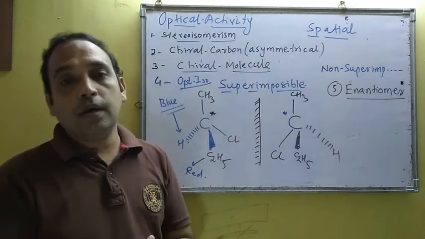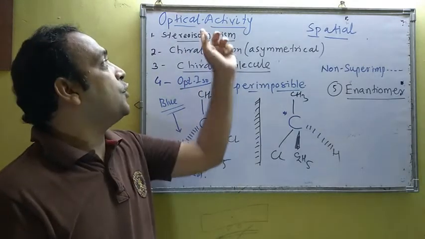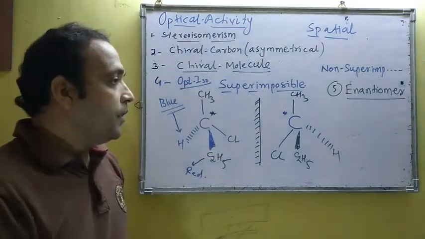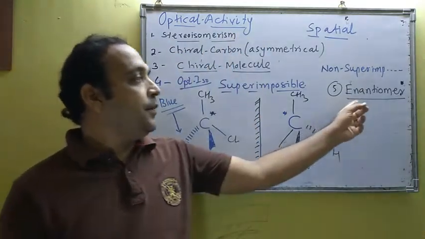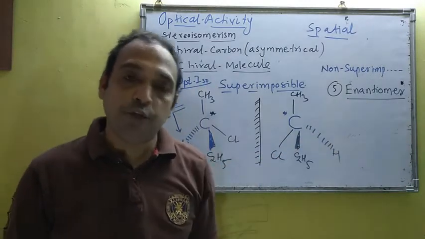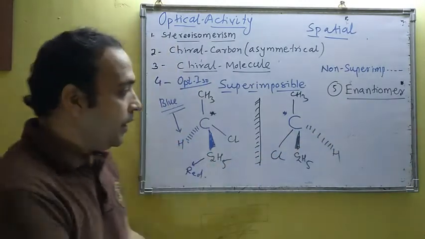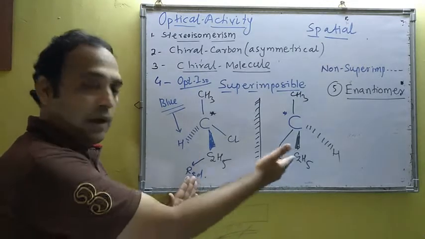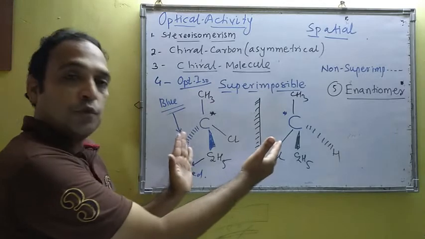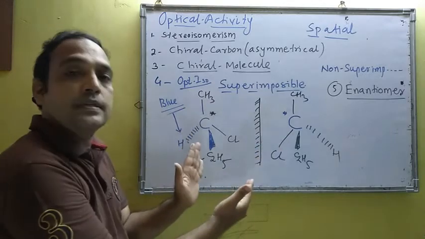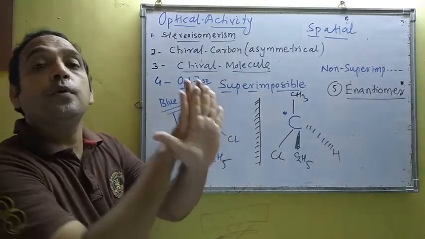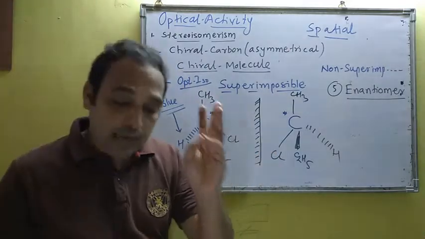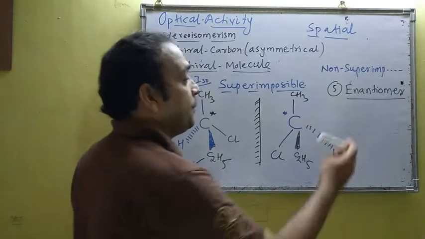Now we come to our main concept and last point, optical activity. Before starting optical activity, let me discuss the characteristics of enantiomers. Enantiomers have the same molecular formula. Both are examples of 2-chlorobutane. But what is the difference between the two? They are non-superimposable. Enantiomers have the same physical properties.